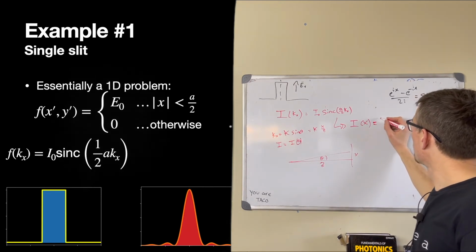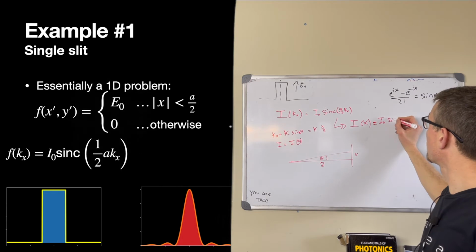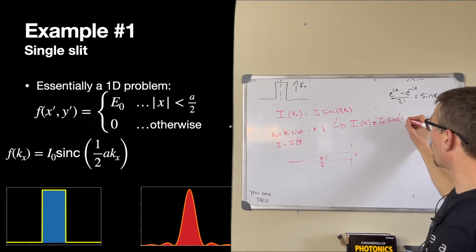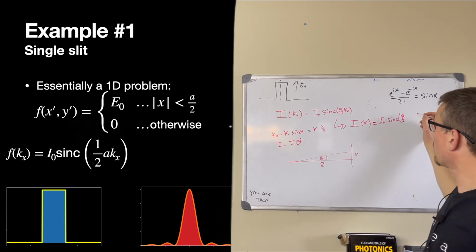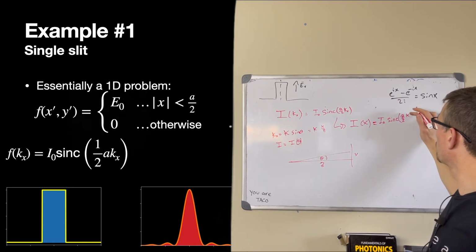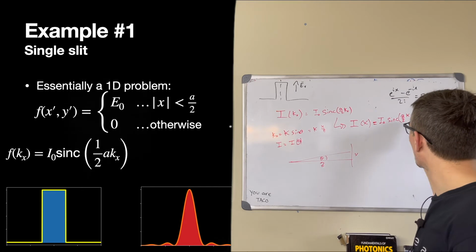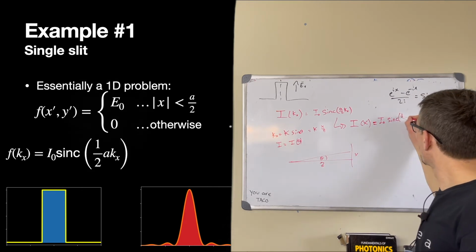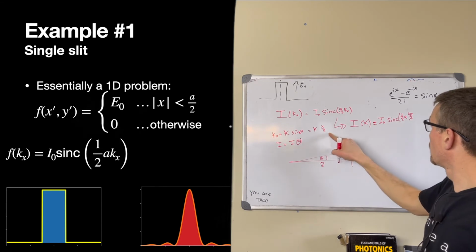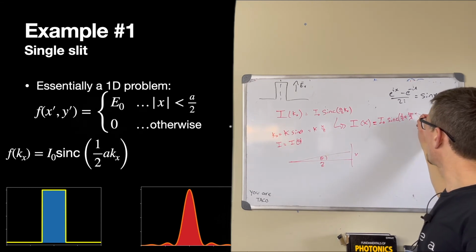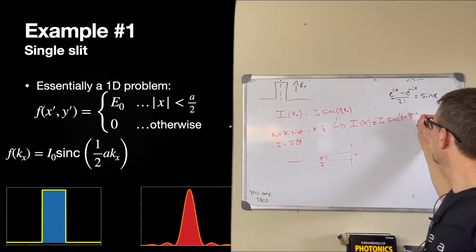So this is actually equal to I naught sinc of 1/2 times a times k over z, where k is 2 pi over lambda. Let's just write that out, actually. 1/2 a times 2 pi over lambda, that's k, times x over z.